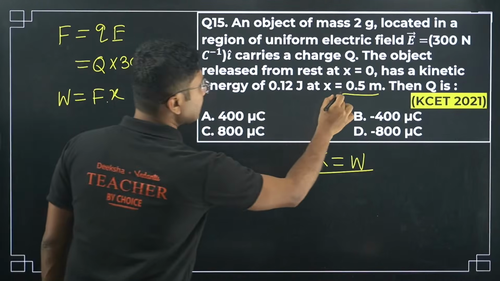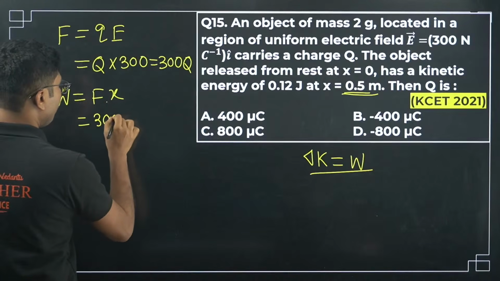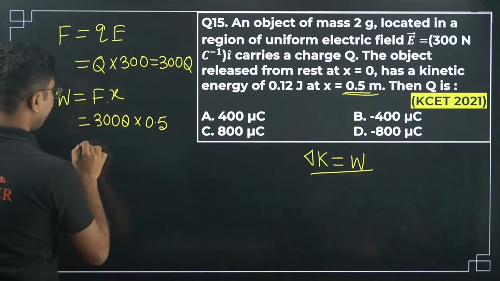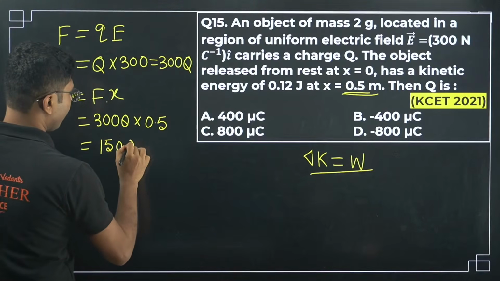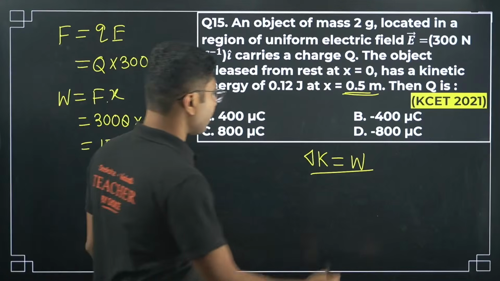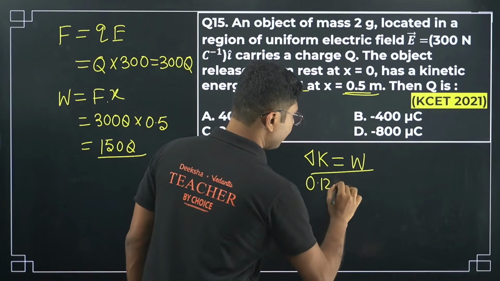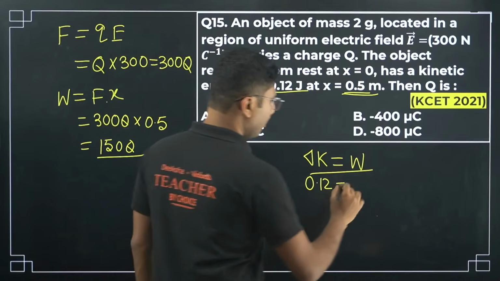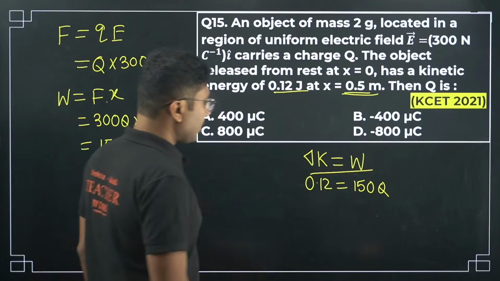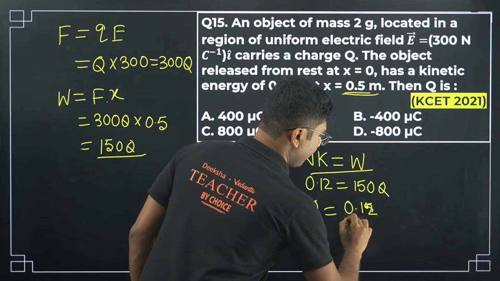Displacement is 0.5 meter, force is 300 Q, so work done is 150 Q. This should equal the kinetic energy, which is given in the question as 0.12 joules. So 0.12 joules equals 150 Q. Now you have to calculate it. Someone please calculate and tell me the answer. 12 by 150.